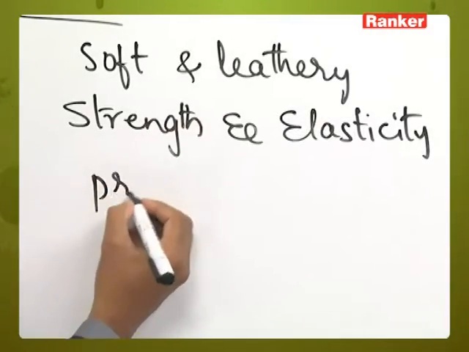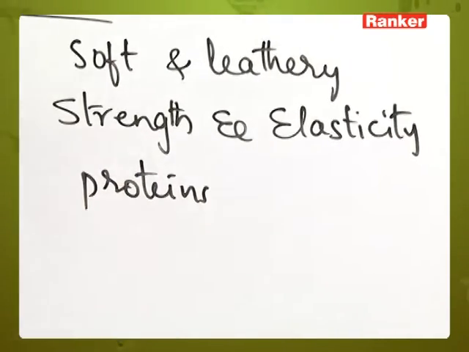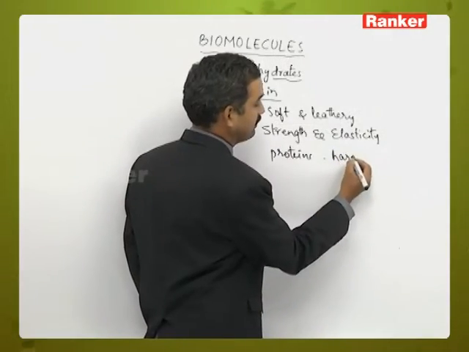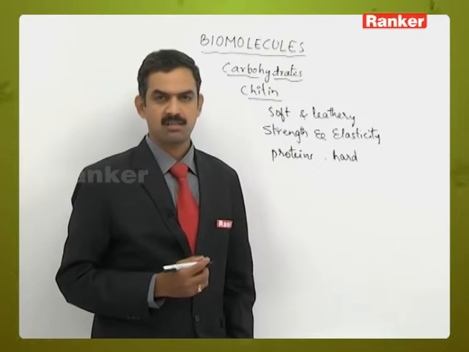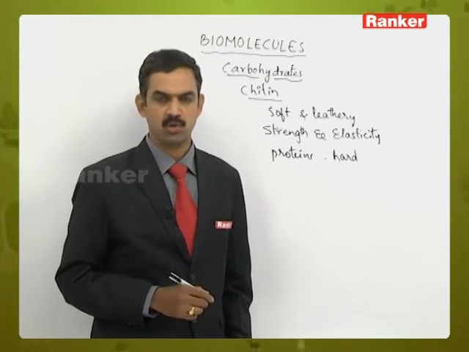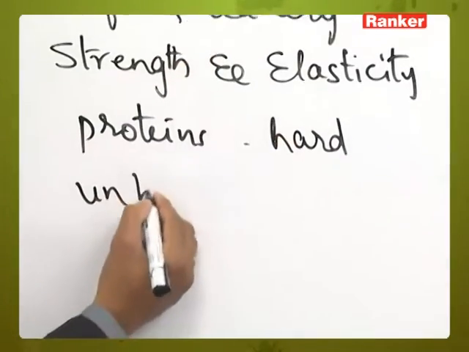If it contains proteins and other calcium substances, it becomes hard. So this type of nature is related to the chitin polysaccharide molecule. So here, as I said, it is an unbranched structure.